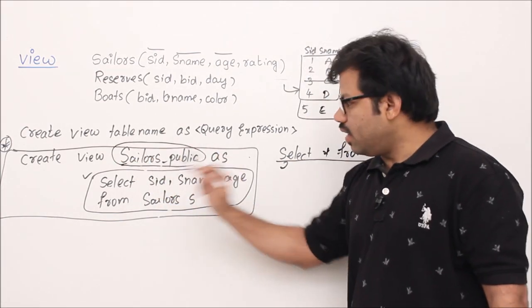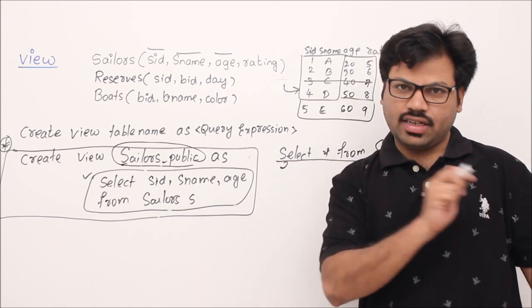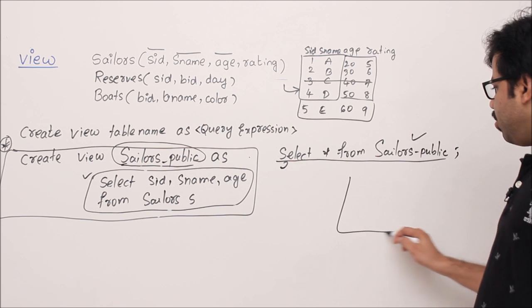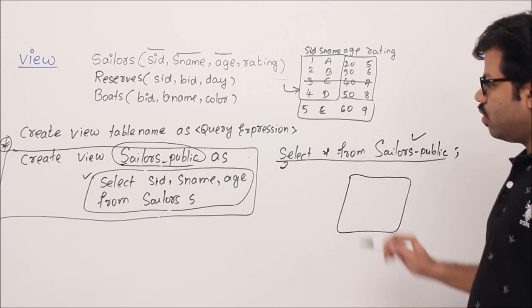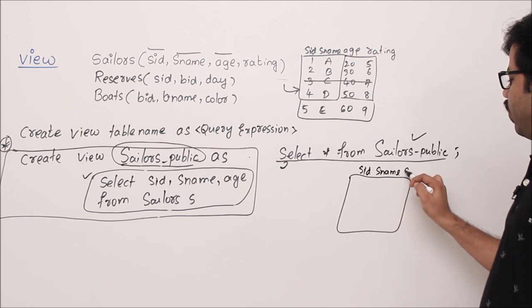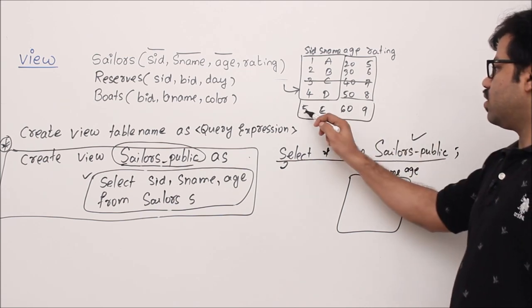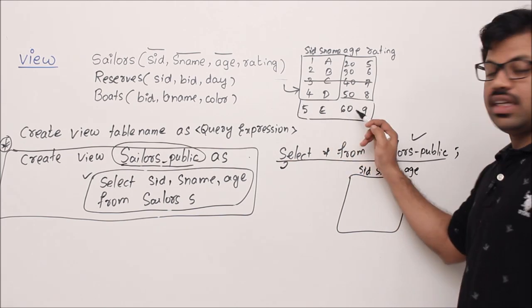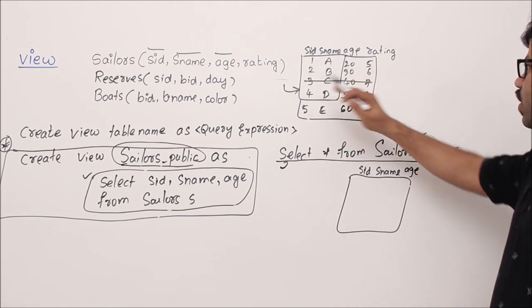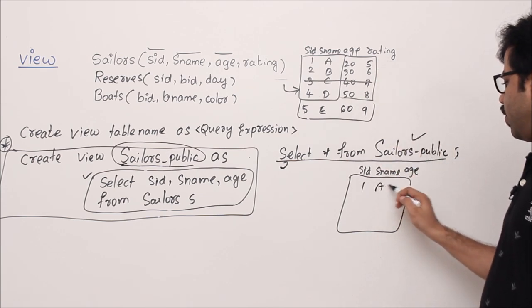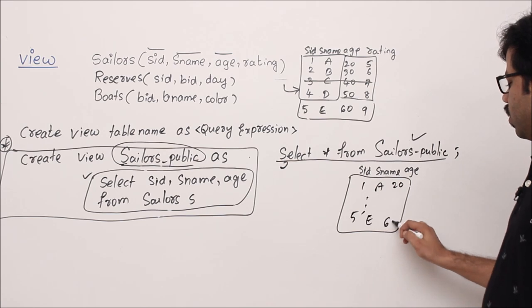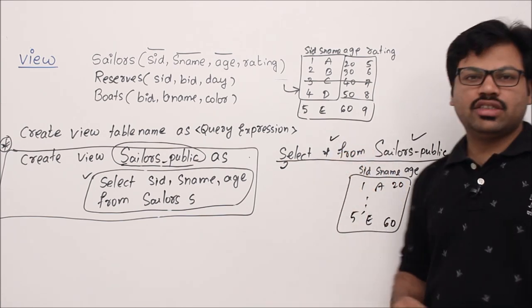Yes, so this query will be computed by that time. The sailors public table will be computed now with three fields: SID, SNAME, age. So this new update, 5E60, will also be represented. The correct output will be 1A20, 2B30, and so on up to 5E60. So this is the way this query will be executed.